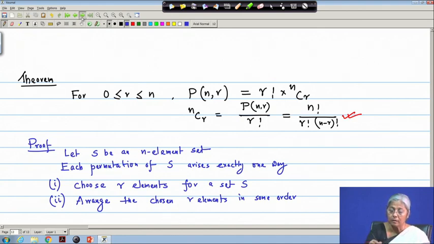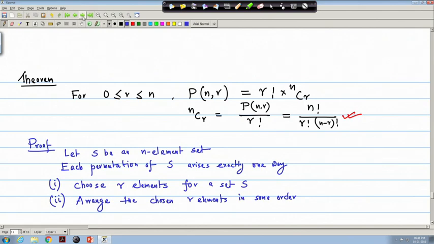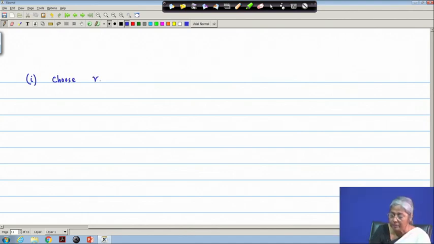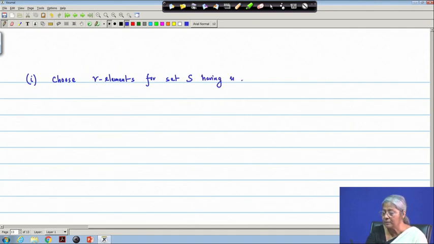From the definition of permutation, I can write this. If we see the first step, choose r elements from a set S having n elements, this is nothing but my definition of r combination of n elements, which is nCr.